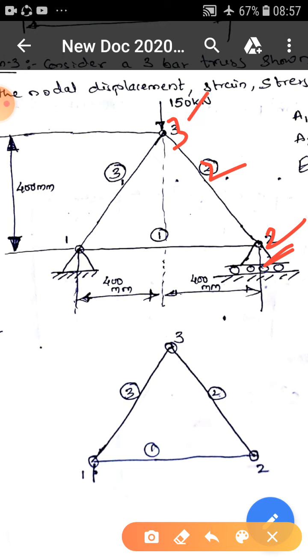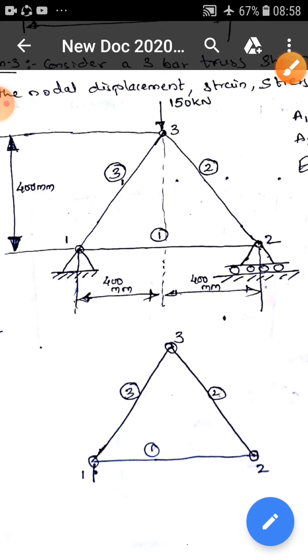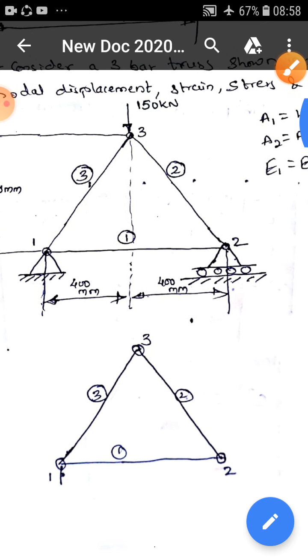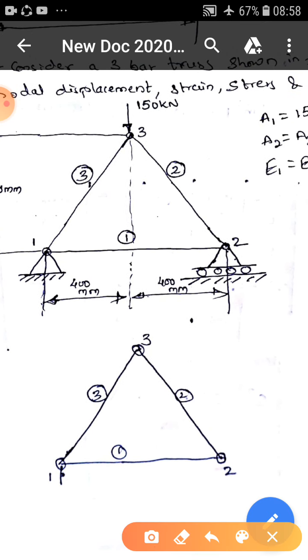The angle has to be calculated at its local node 1, that is 2. At this node I have to determine the angle, measuring in the counterclockwise direction from the positive horizontal axis. This is theta.